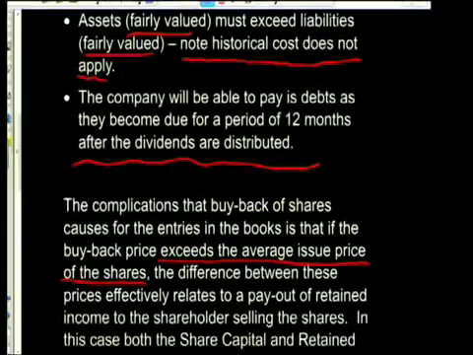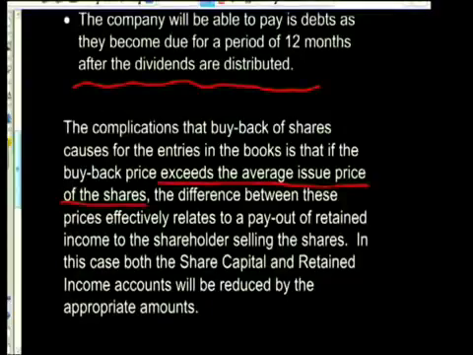The difference between these 2 prices effectively relates to a payout of retained income to the shareholders selling the shares. In other words, the difference between the average price and the buyback price, we said it's going to be higher, would obviously impact on the retained income. But as we go into the ledger accounts and as we do the explanations, that will become much, much clearer to you.